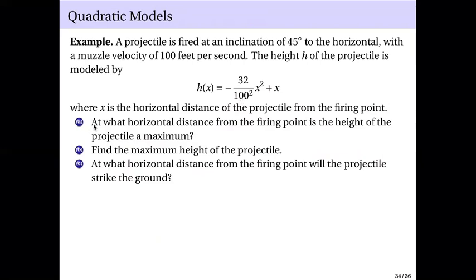So for part A, at what horizontal distance from the firing point is the height of the projectile maximum? Okay, so let's look at that. Let's look at the situation. So suppose this is your ground, and then suppose this is your firing point.